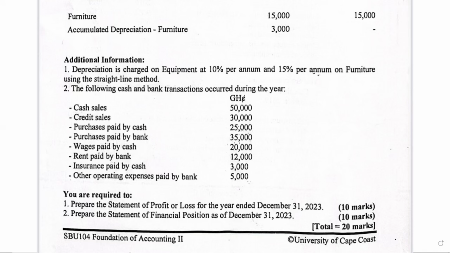So you are required to, one, prepare the statement of profit or loss for the year ended 31st December 2023, and two, prepare the statement of financial position as of 31st December 2023.